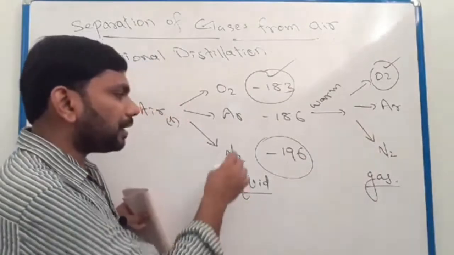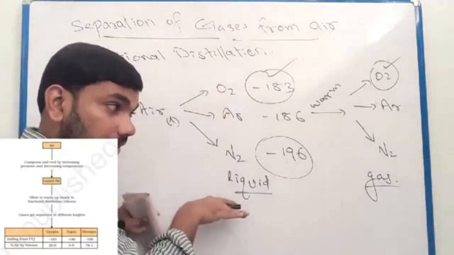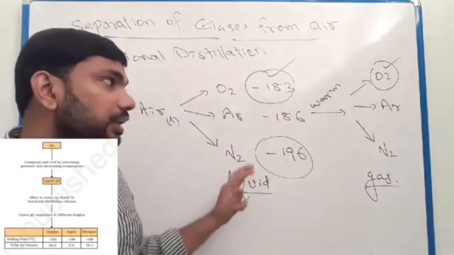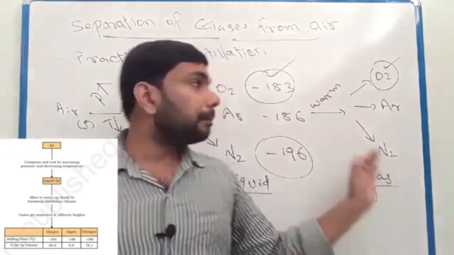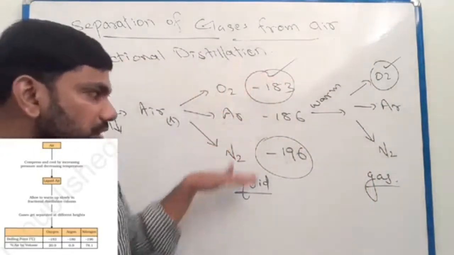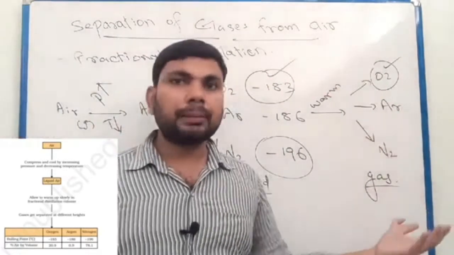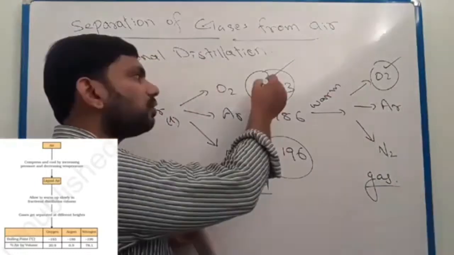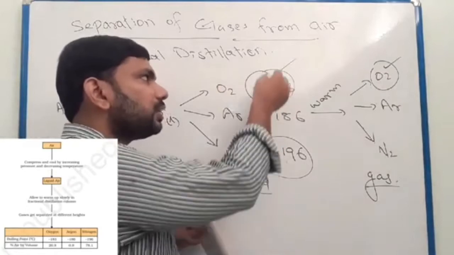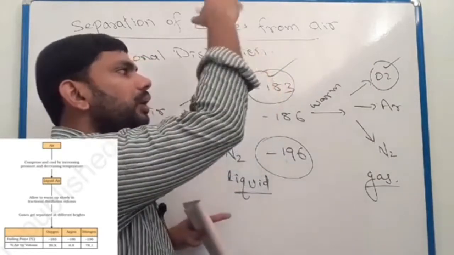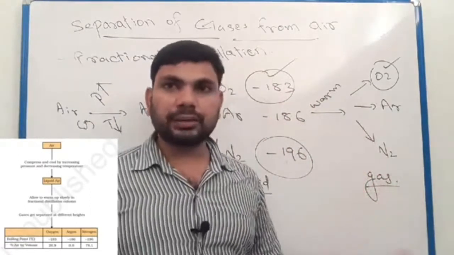So remember, nitrogen will change to liquid state last, and nitrogen will also change to gaseous state last. But oxygen will change to liquid state first, and also to gaseous state first, because oxygen changes to liquid state at a higher temperature than the others, so it also returns to gaseous state at lower warming.